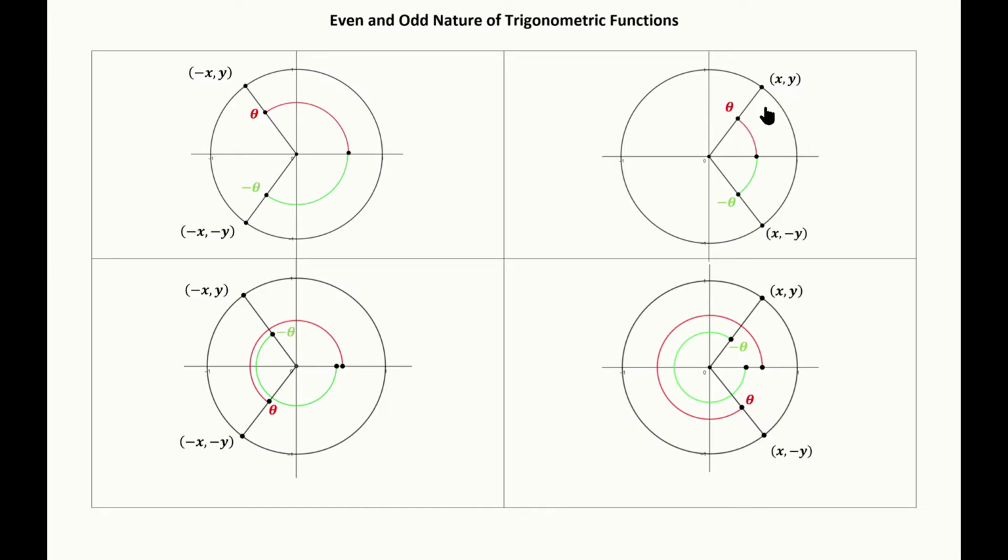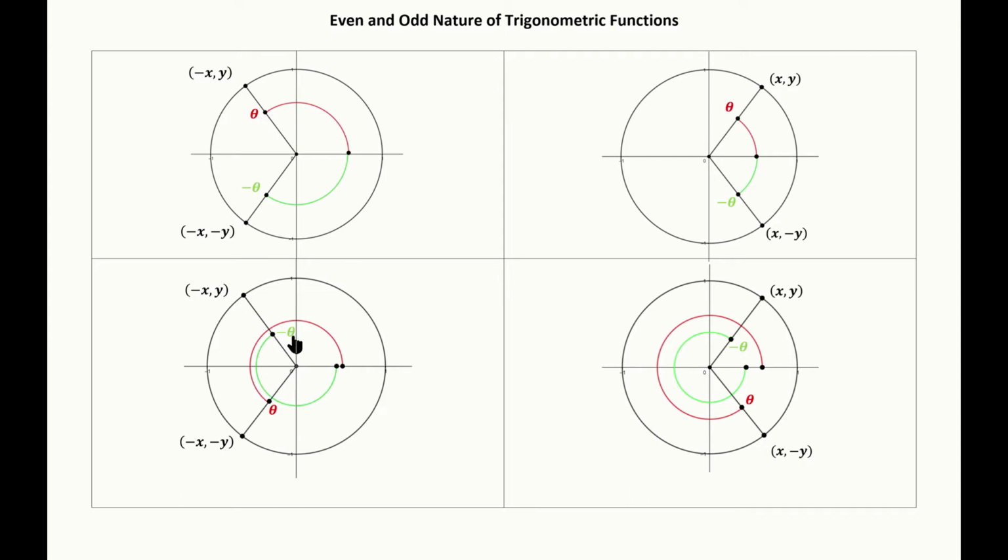So we also notice that for theta and negative theta here, which are first quadrant angles, the x value remains the same. And we also notice the exact same thing happens even if we look at a second quadrant angle here. The x values will both be negative x here, or a third quadrant angle here, again for both theta and negative theta.